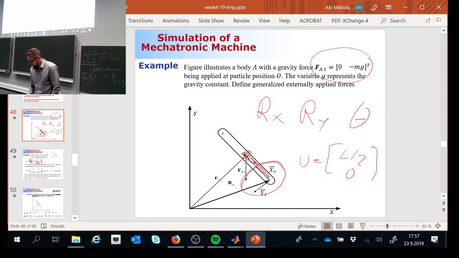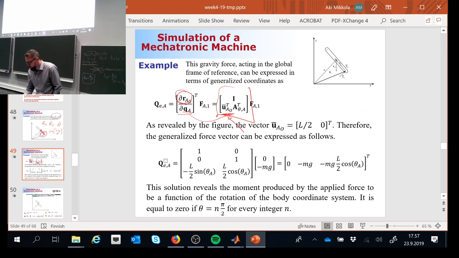That's the information you need to substitute here. So it's L divided by 2, 0. Then you put this one here, here, and then you have this mapping matrix. Now when you have the mapping matrix, you multiply the force with the mapping matrix. What are you going to get? You're going to get forces that are expressed using tenorized coordinates.